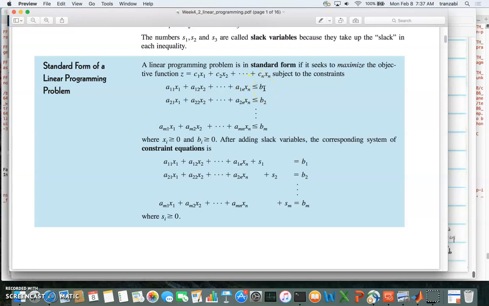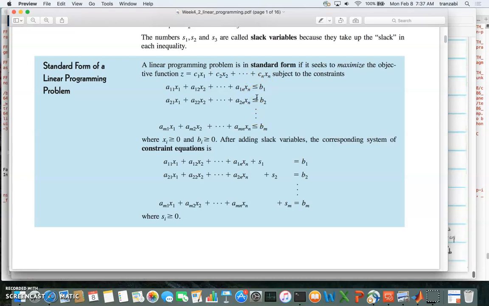Now, if you have inequalities with bigger than or equal to, you multiply both sides by a negative sign, and you get less than or equal to. So it's always less than or equal to. Again, if you get bigger than or equal to, then you multiply both sides of this inequality by a negative sign, and you flip the sign of the inequality. So that's number 1 hint.